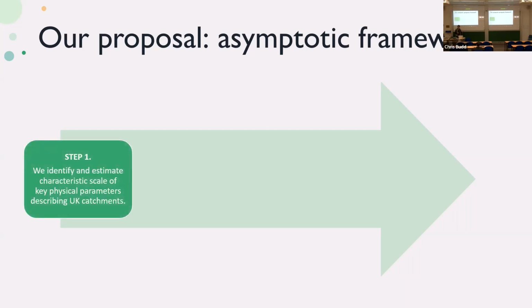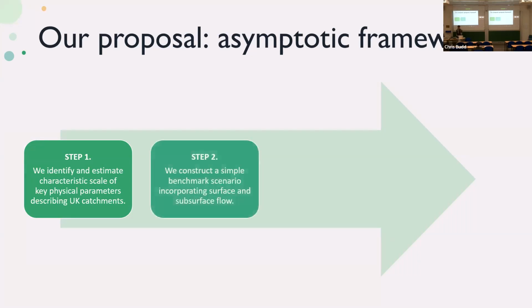Namely, we proposed an asymptotic framework that may allow us to compare different currently used models and assess what are the possible sources of their inaccuracy on this fundamental level. As the first step, we want to identify the key physical parameters that determine the behavior of the system and estimate their typical size for the UK catchments based on available data.